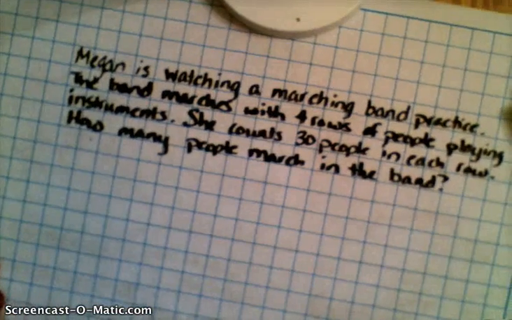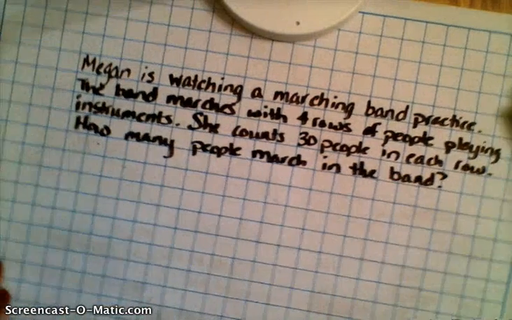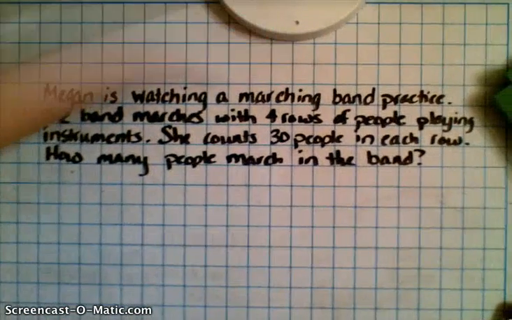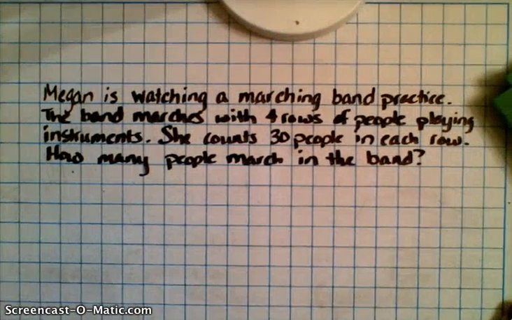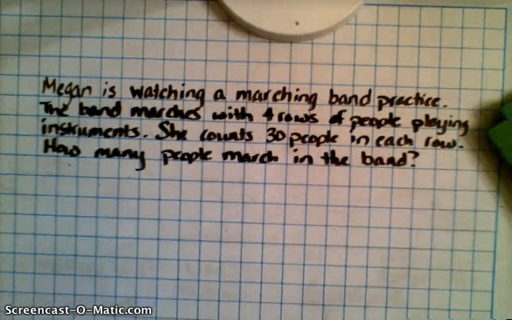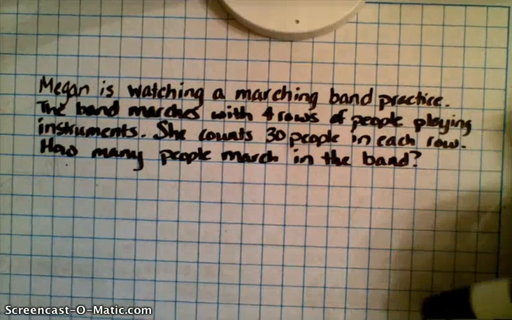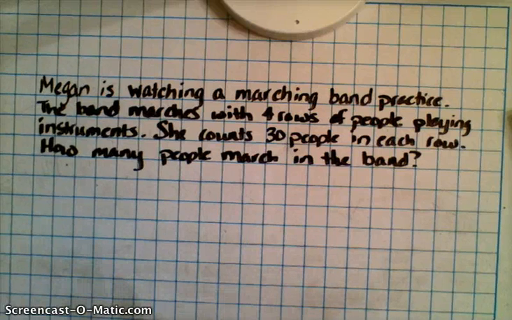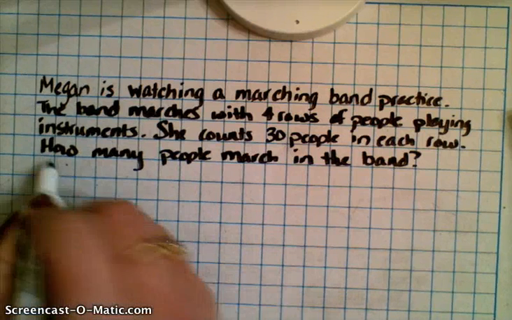Okay, now let's take a look at another problem. This one says Megan is watching a marching band practice. The band marches with 4 rows of people playing instruments. She counts 30 people in each row. How many people march in the band? So for this one, what are we trying to find out?